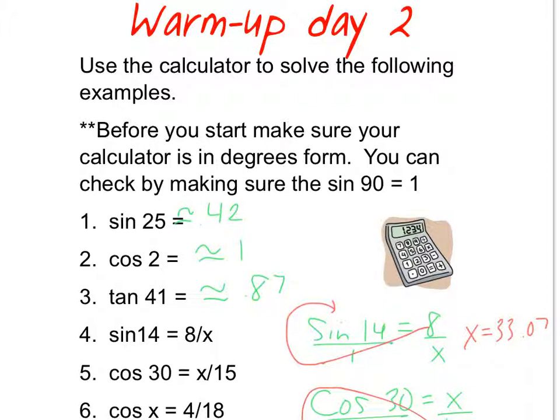So the inverse cosine of 4 over 18 equals x. On my calculator, I have to hit the second key to get the inverse cosine, and then I just type in 4 divided by 18, and my answer is x equals 77.16.